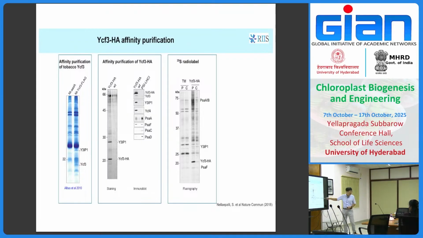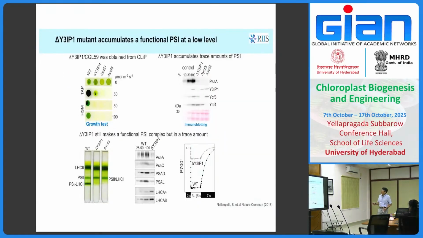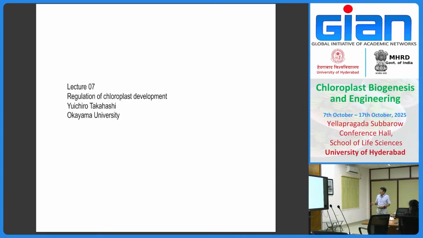Very simple, right? Minor amounts of the PS1 reaction center protein and PSAF, but not other PS1 subunits. So this is Y3IP1. I skipped this. I talked yesterday already. So our conclusion is YCF3 is interacting with the initial assembly steps of the reaction center of PS1.